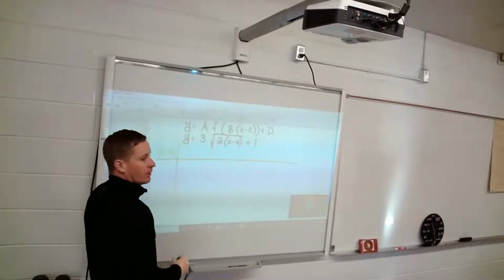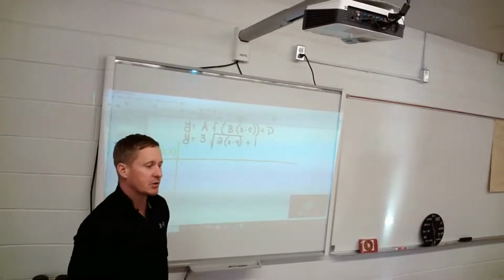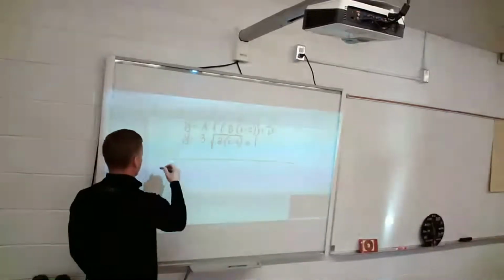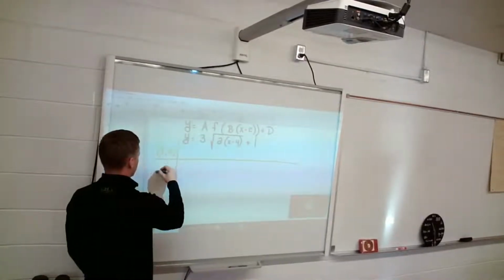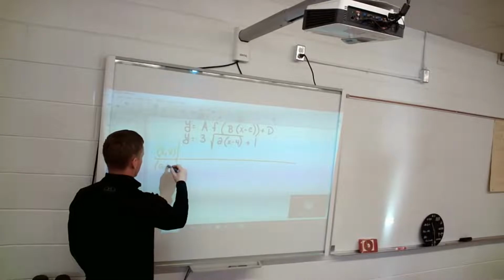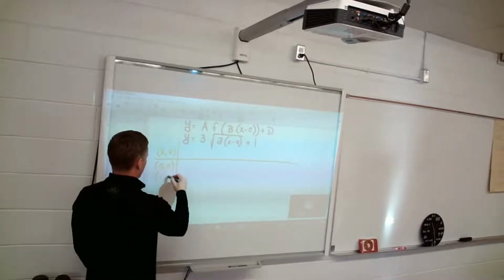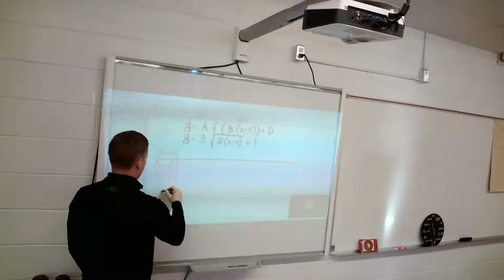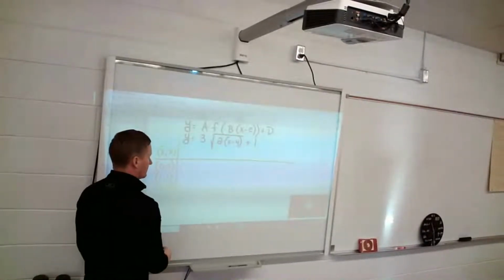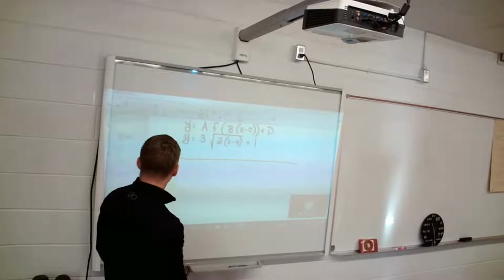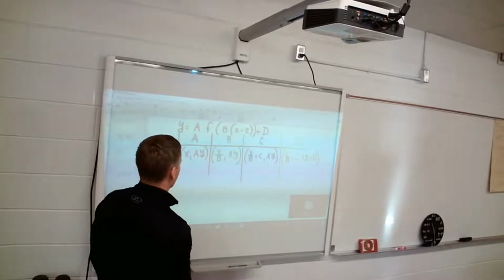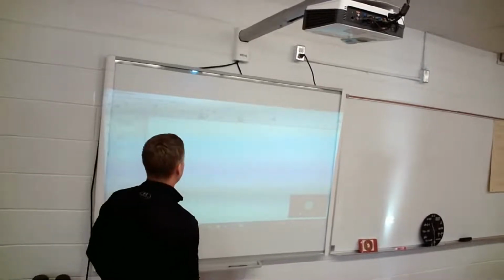All right. What were the 3 key points for the square root graph? 0, 0, 1 and 1, 4 and 2. All right. So I'm going to do it on the next page here.